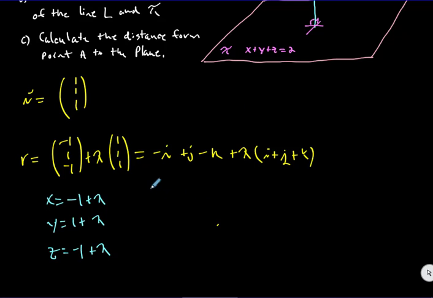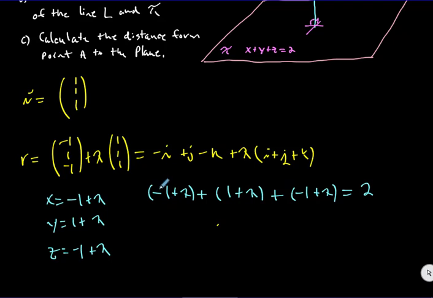Then I could put them in this equation, and I have -1 plus lambda plus my y coordinate, which is 1 plus lambda, and then my z coordinate is -1 plus lambda, and that's all equal to 2 for this equation right here.